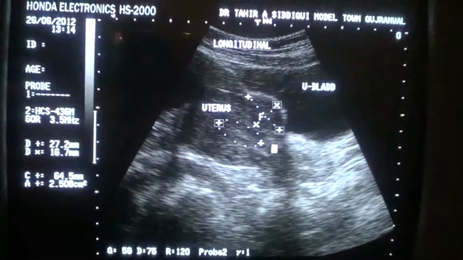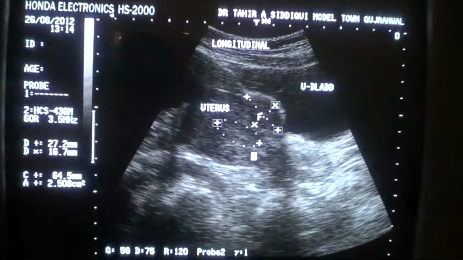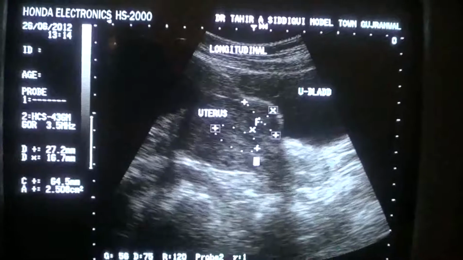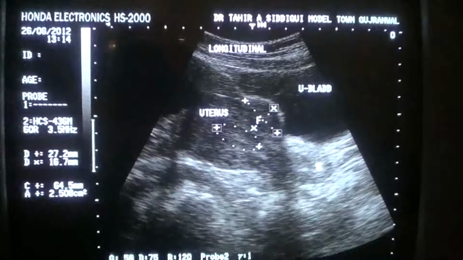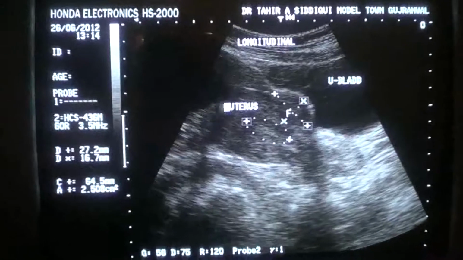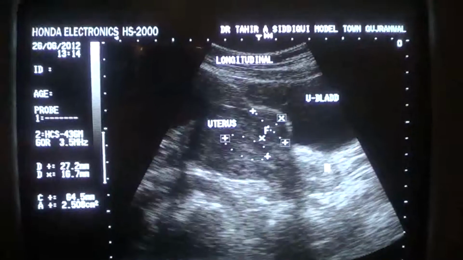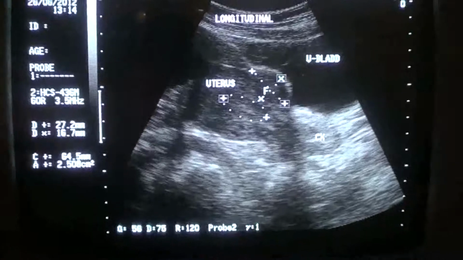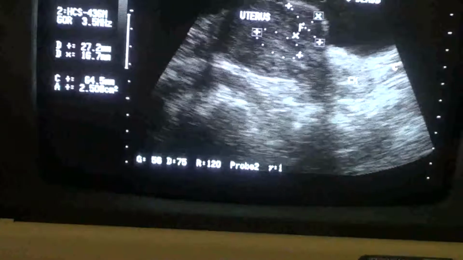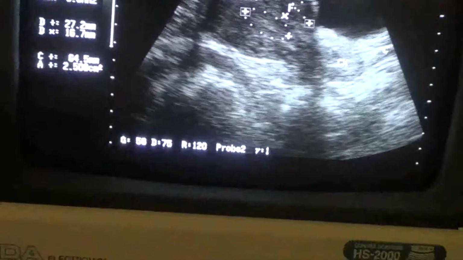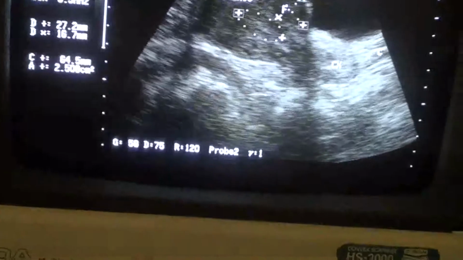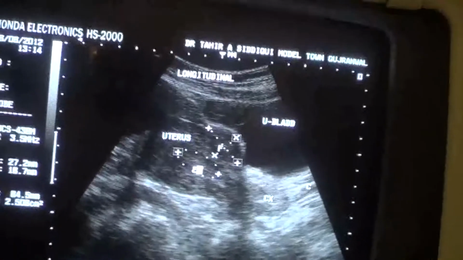So this is subserosal. There is no focal lesion related to the posterior myometrium. Cervix is normal and the fundus is normal. Okay. This is the cervix. This is the endometrial canal.